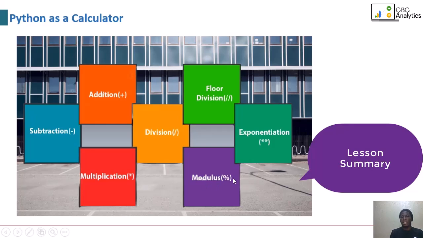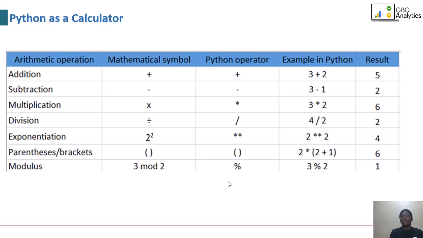And for modulus, we use this percentage sign. So if you remember, modulus is the remainder when you divide a number by another number. And we were able to see different examples using Python. So all these are what we were able to examine in our laboratory section.